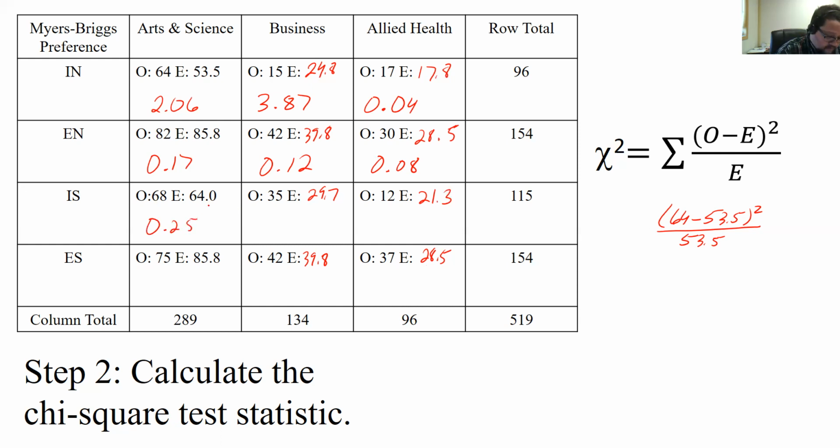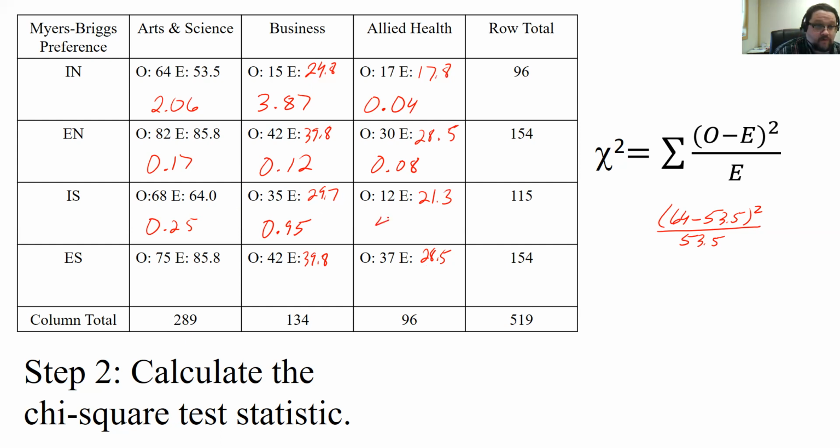35 minus 29.7, divided by 29.7. 0.95. 12 minus 21.3 squared. This is probably going to be kind of big, relatively speaking.